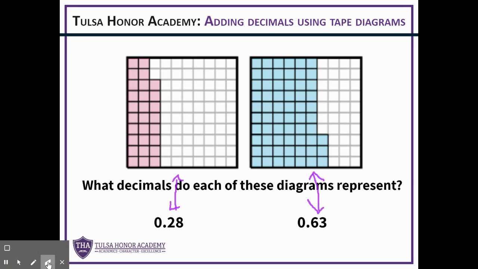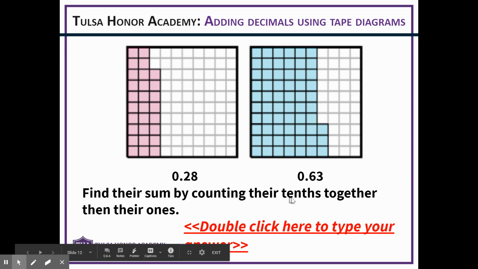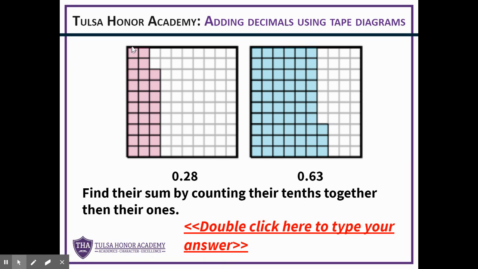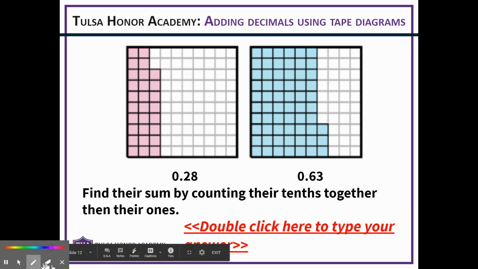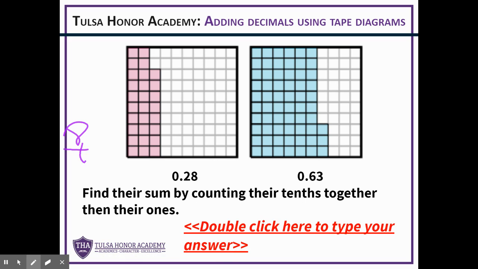Our next step in this problem is that we are going to find their sum by counting their tenths together and then their ones. If we count their tenths together, we have 2 tenths here plus 6 tenths over here, so that would make 8 tenths.